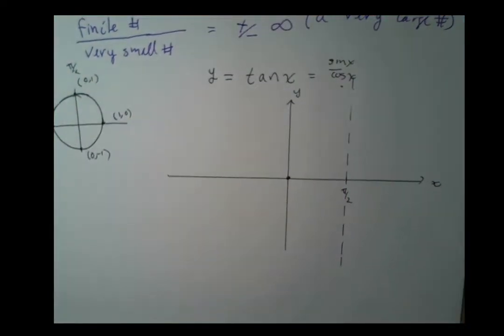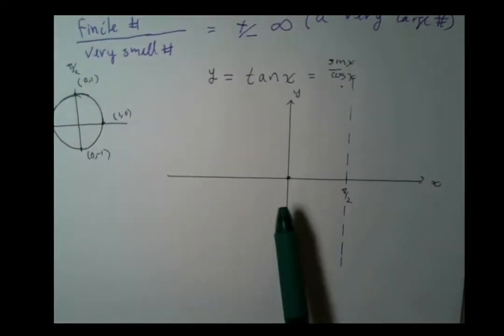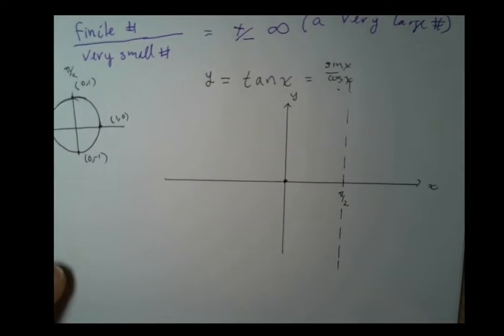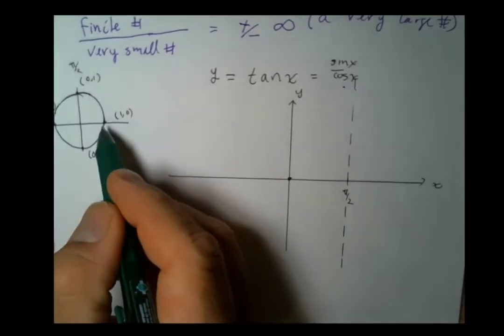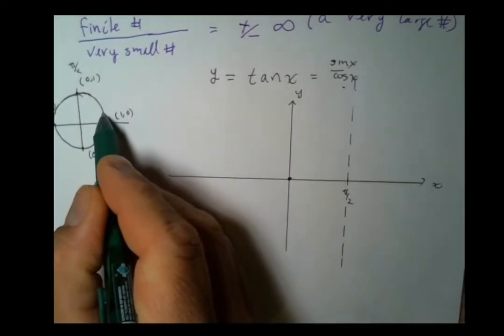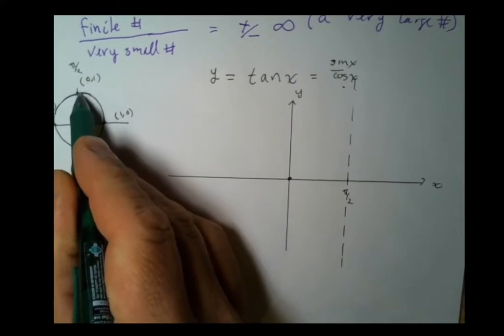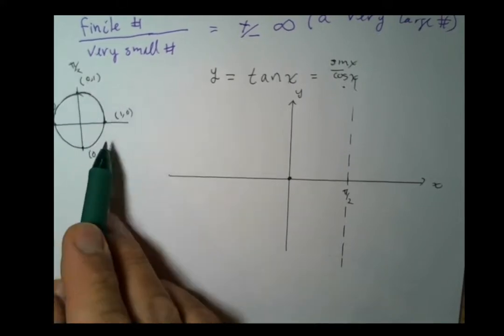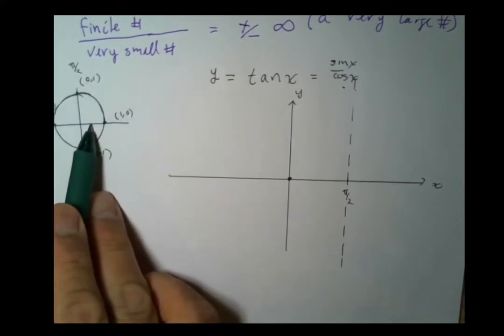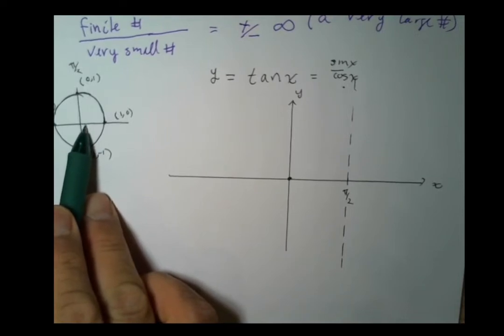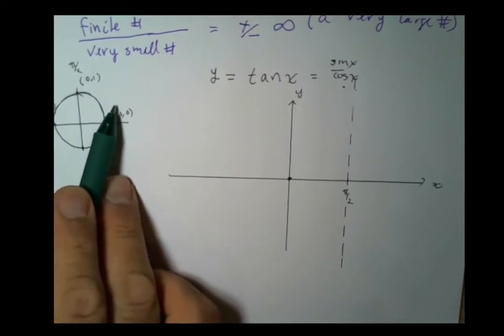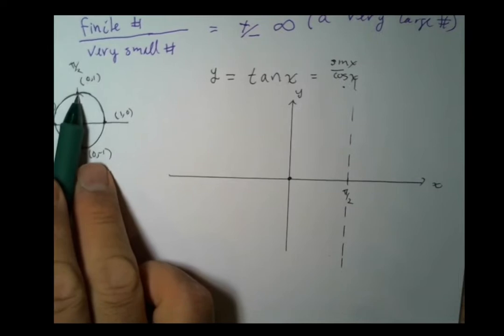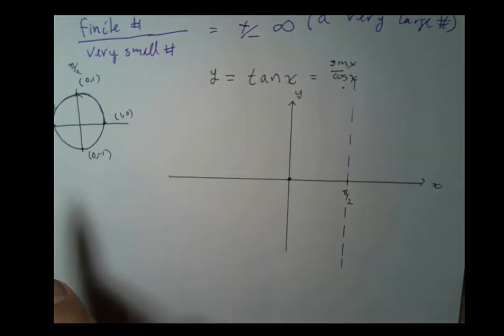Okay, so now let's take a look at what happens between 0 and pi over 2. As we go around our unit circle, we sweep out an angle from 0 to pi over 2. The values of the cosine get smaller and smaller, approaching 0, and the values of the sine are approaching 1, a finite value.